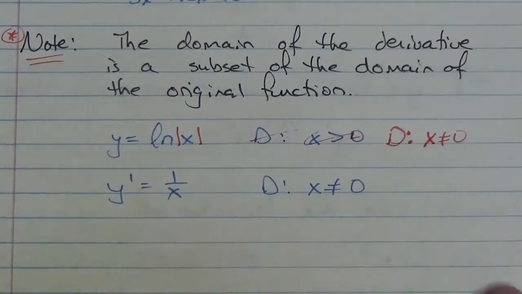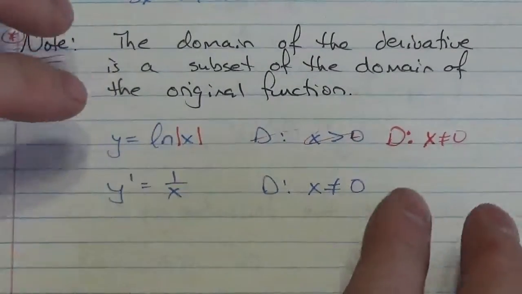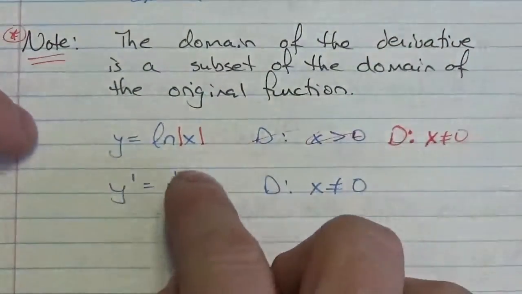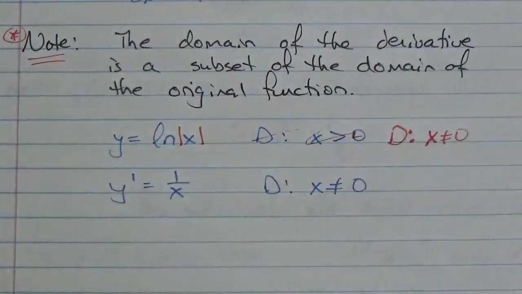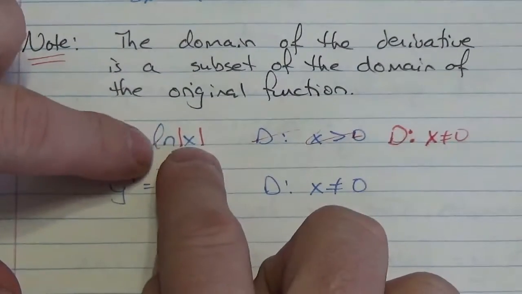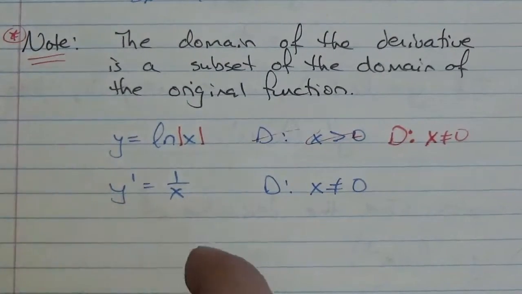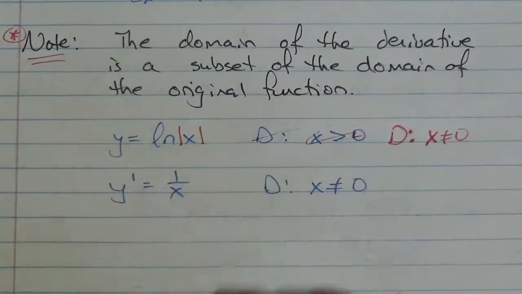I'm not going to be such a stickler about it right now, but I do want you to be aware that something weird is going on here, and that you really should be looking at the absolute value of x, or at least be very cognizant of the fact that the domain of the natural log does not automatically match up with the domain of its derivative. Sometimes you have to play with that a little bit for it to make sense.